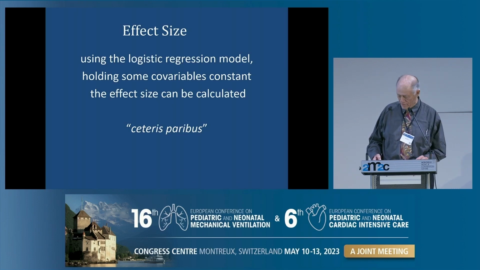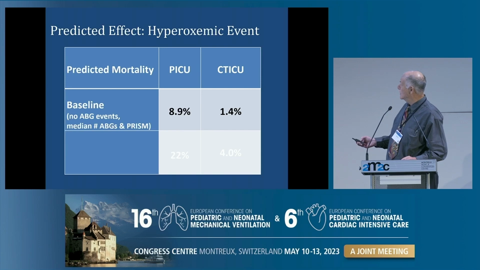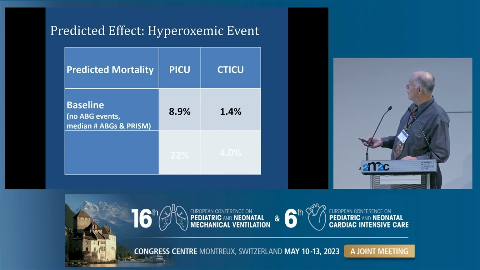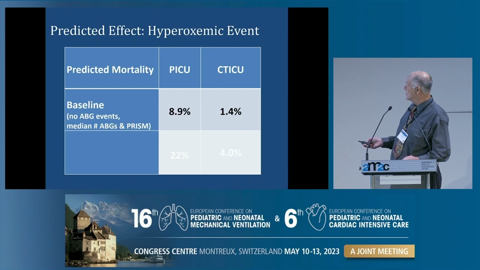but that concept of trying to understand a particular effect when you have a multivariate relationship. So what I have here is a table that has the predicted mortality in the PICU and the cardiothoracic ICU, the baseline mortality with none of the blood gas events, a typical median number of blood gases, and the median PRISM score, and these are the numbers.